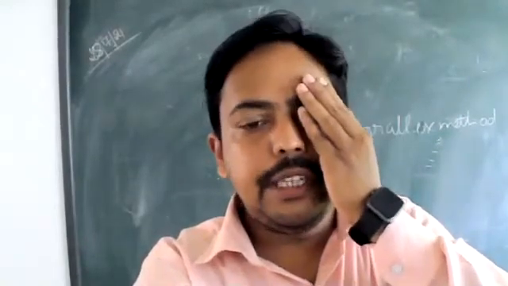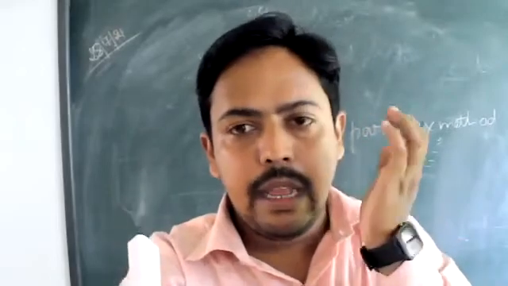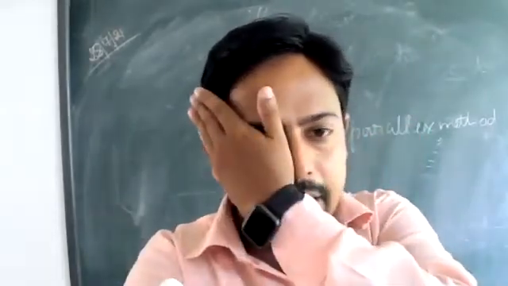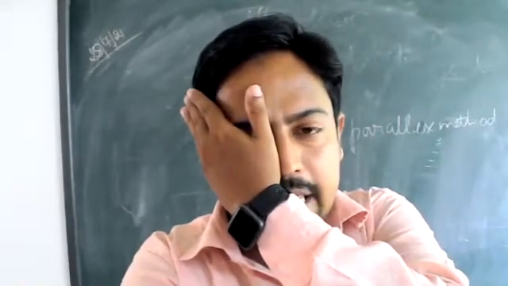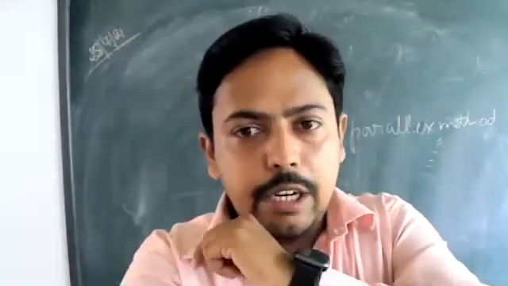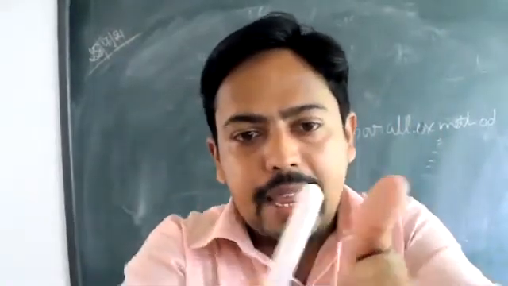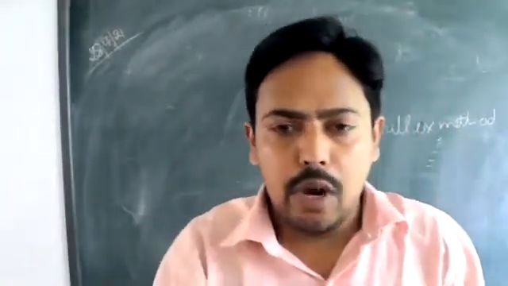Again, without changing the position of the pencil, just close your right eye and open your left eye like this, and now see that there is a change in the position. When you observe the tip of the pencil, you will see that there is an apparent shift in the position. You can perform this experiment in your house also.